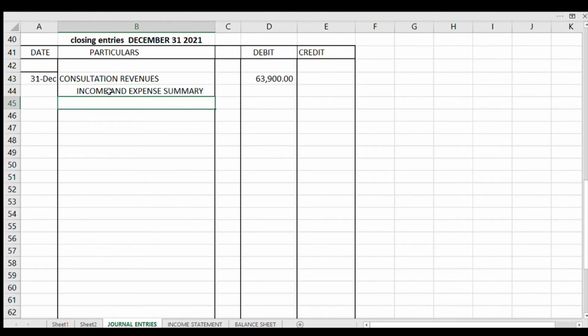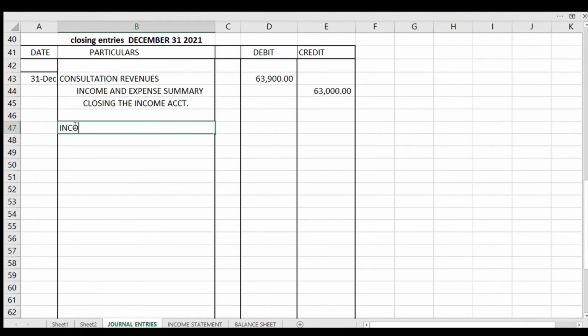Income and expense summary is a temporary account to which you will dump all these nominal accounts during the closing procedure, closing the accounts. We have finished the first. Let's have some explanation. Closing the income account. So for the debits, let's do the debit here.